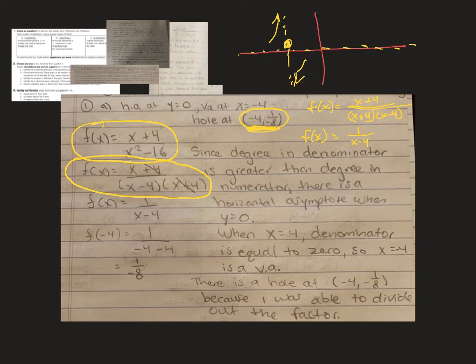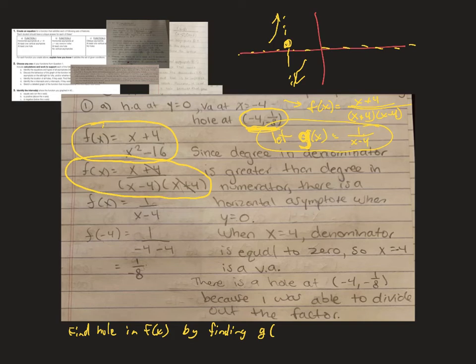You can say let g of x equal this very similar graph, and that would be helpful. And then you could find the hole by plugging in, like you can find the hole in f. You can say find the hole in f of x by finding g of -4.